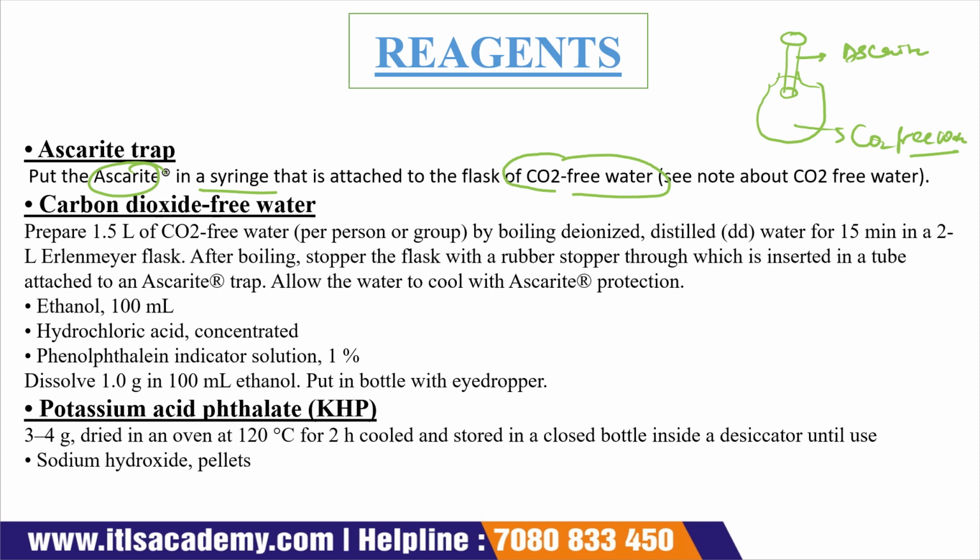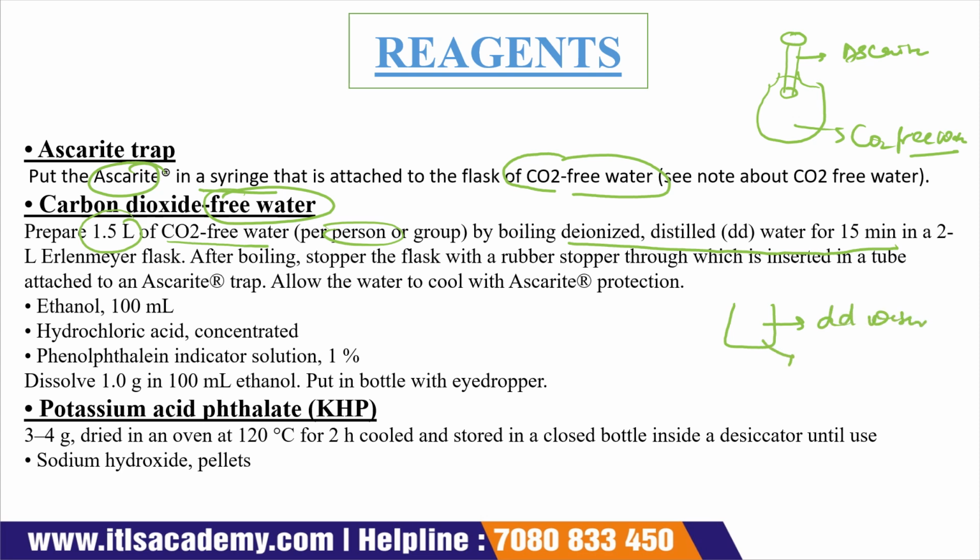Now the next one is how we prepare the carbon dioxide free water. For this we have to prepare 1.5 liters of carbon dioxide free water for a person or a group. For this, we boil deionized distilled water for 15 minutes. Suppose this is your beaker, and in the beaker we have deionized distilled water.